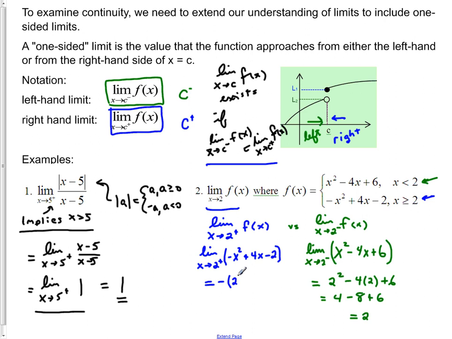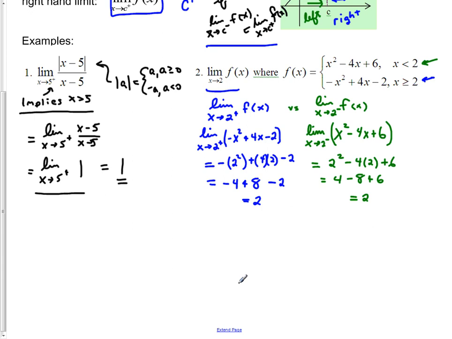So that's going to be the negative of 2 squared plus 4 times 2 minus 2. Working this out, this is the negative of 4 plus 8 minus 2. If we go negative 4 plus 8, we get 4, minus 2, we get 2.